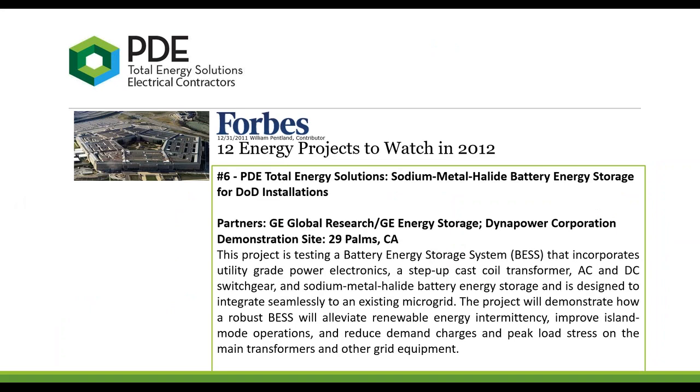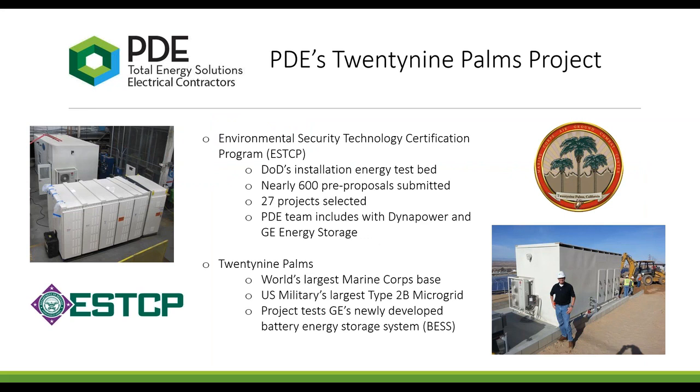This project is for the Department of Defense, called ESTCP, the Environmental Security Testing and Certification Program. The deliverables were to demonstrate how a battery energy storage system could be integrated into an existing microgrid and PV array, provide additional savings to the grid, make it more resilient and reliable, and increase the reserve time that the microgrid could survive without fuel by integrating PV to it.